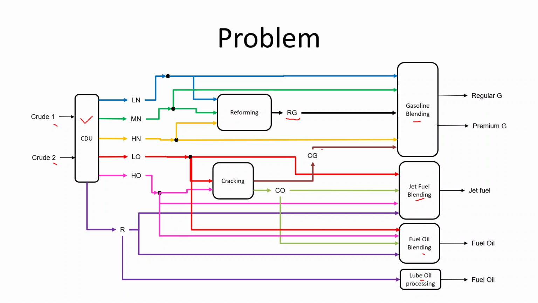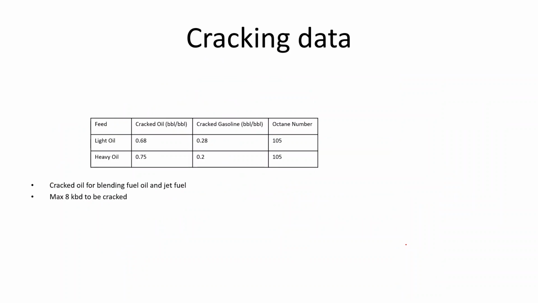And then in this case, we have two products: the cracked gasoline and the cracked oil. So cracked gasoline goes to the gasoline blending, and cracked oil goes to either jet fuel blending or fuel oil blending. Okay, so we have light oil and we have heavy oil.